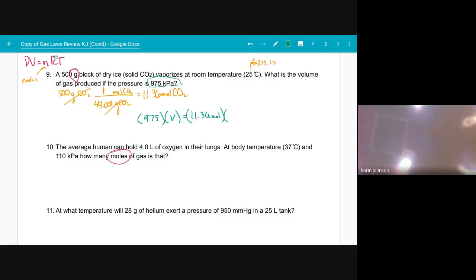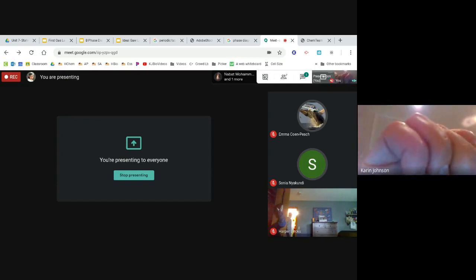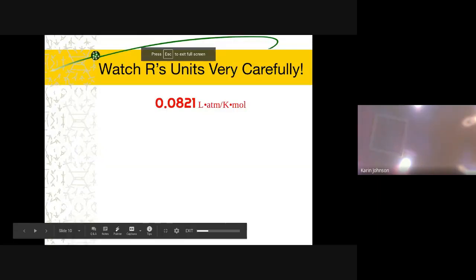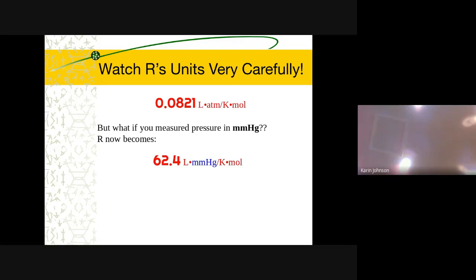And I just want to make sure that you remember, if I flip over to a different screen here, that there are different R's. So this little screen says, watch your R units very carefully. So if we were in atmospheres, the R that we would use would be 0.0821. But if our pressure is in millimeters of mercury, then our R changes. The gas constant changes to 62.4.